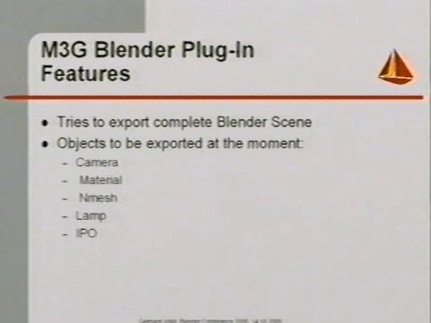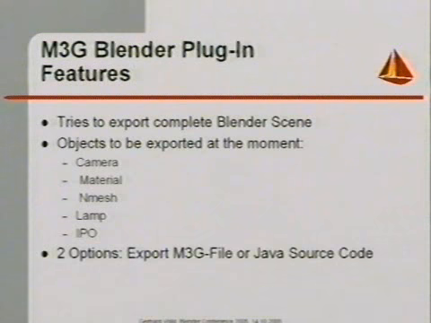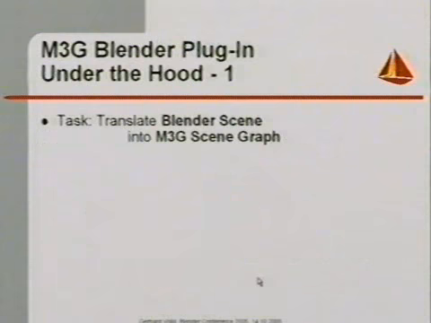So, well, I told you the second option in this exporter is to generate a Java source code file, and there you can take parts of this code into your own program, or the complete code. When I started to make this exporter, I thought the task that has to be done is like translation.